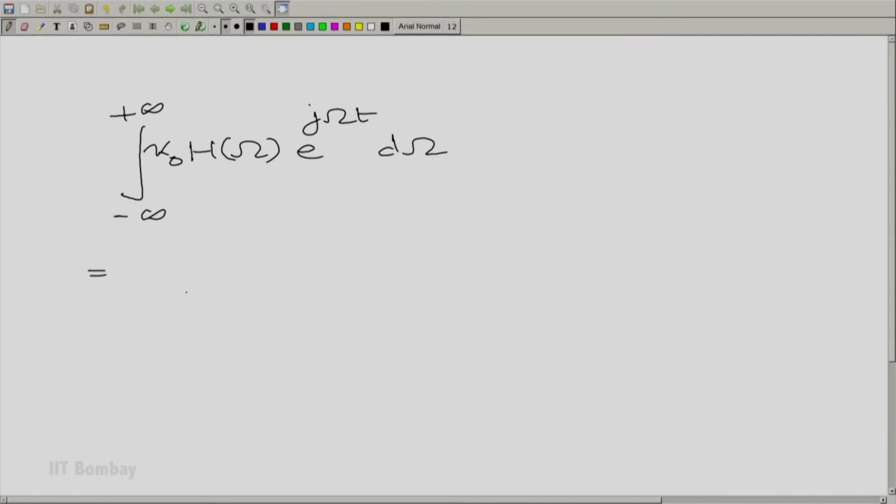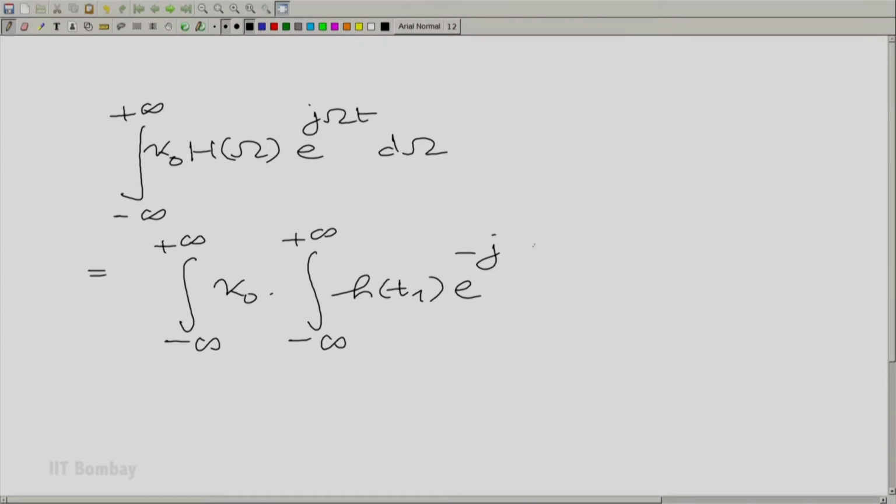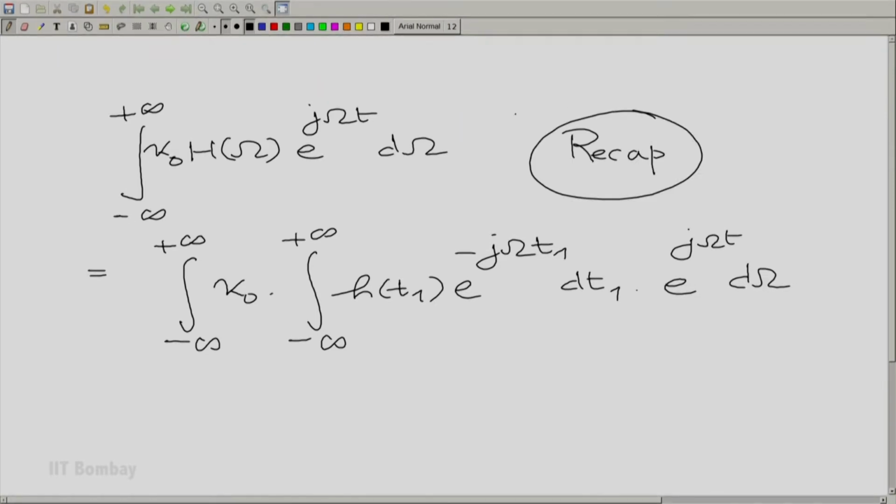This can be rewritten as a summation from minus to plus infinity of kappa 0, and we have another integral inside. I am just reviewing this because this is a little involved, there is no harm in repeating this a little bit. It is a recap, and then we rearrange this.